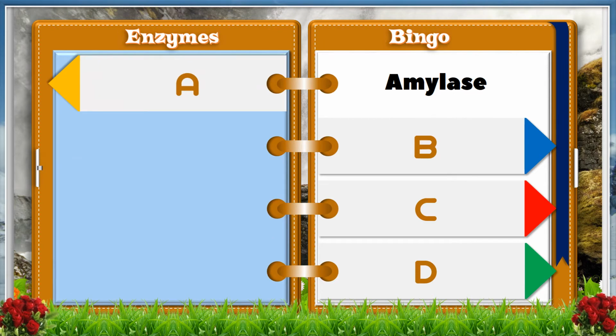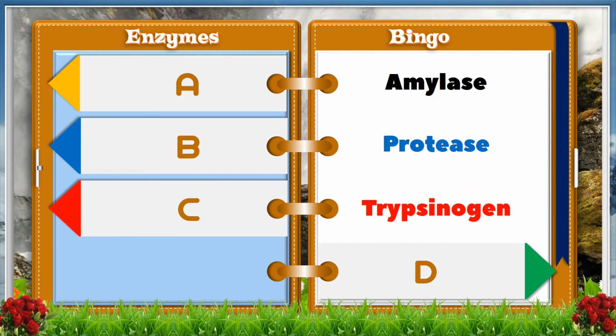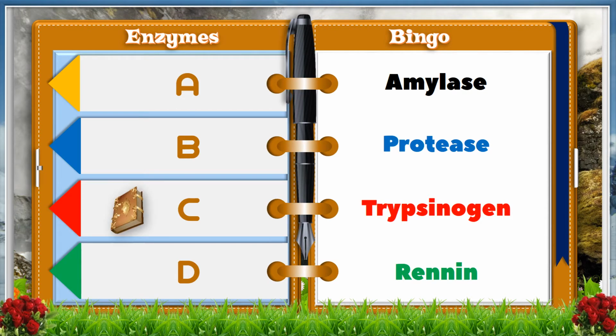A. Amylase. B. Protease. C. Pepsinogen. D. Renin. And the answer is C. Pepsinogen.